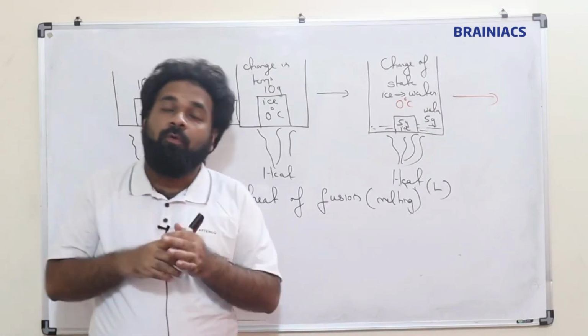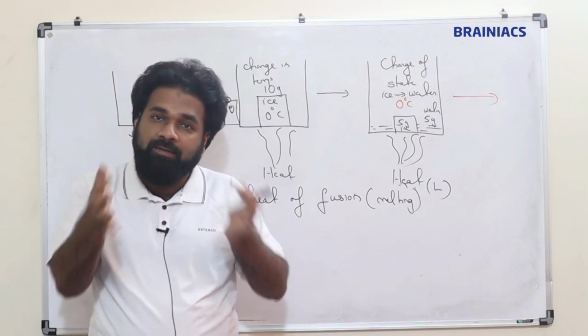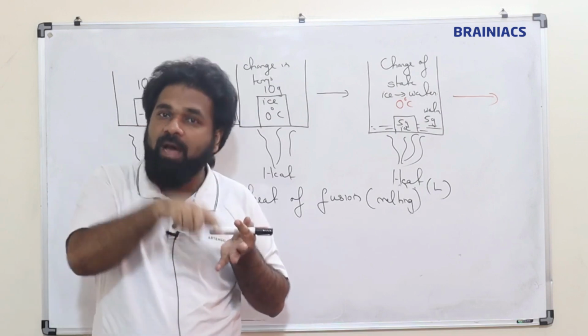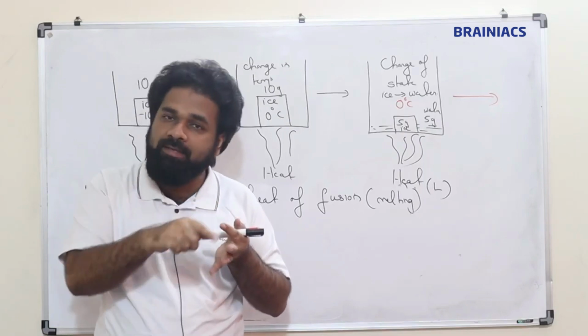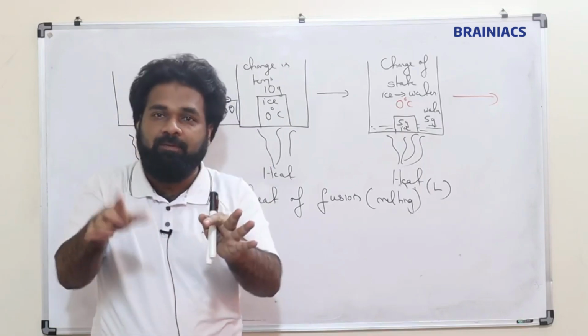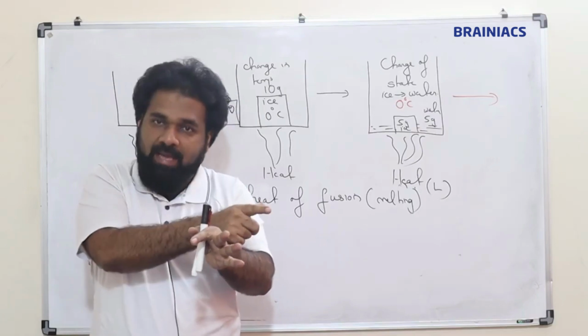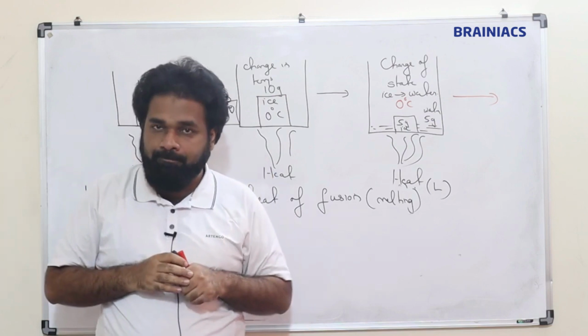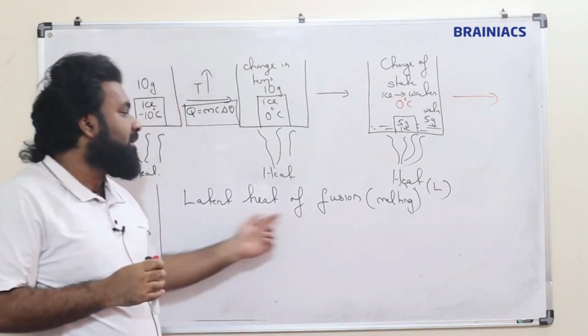Now for ice to become water, the ice should absorb some heat. To change the state from ice to water as well as water to ice, either it should reject heat for water to become ice, and for ice to become water, it should absorb heat. So that is what is called the latent heat of fusion.